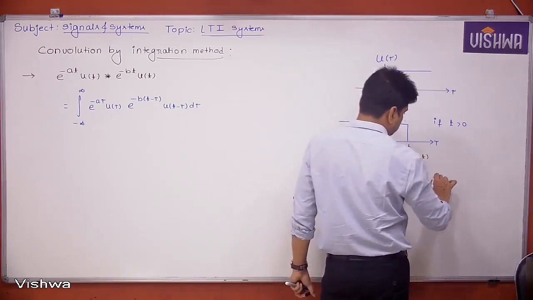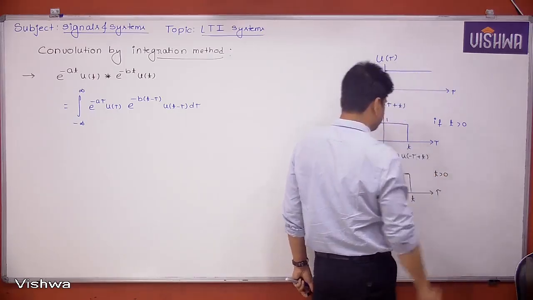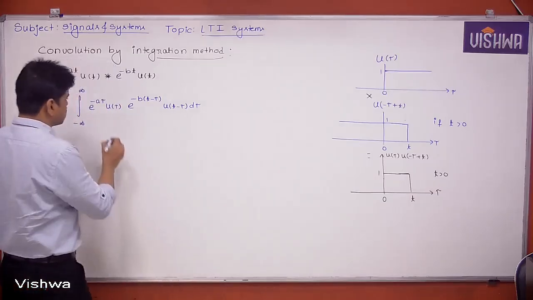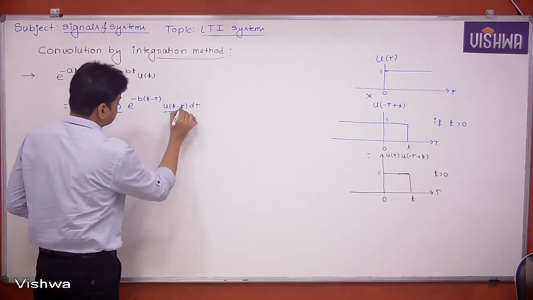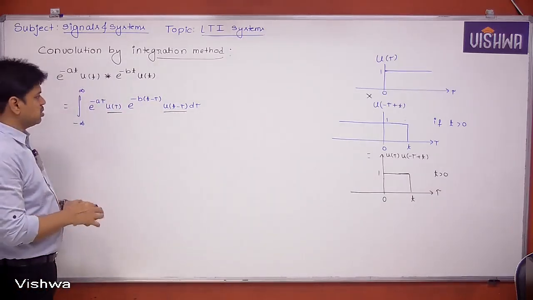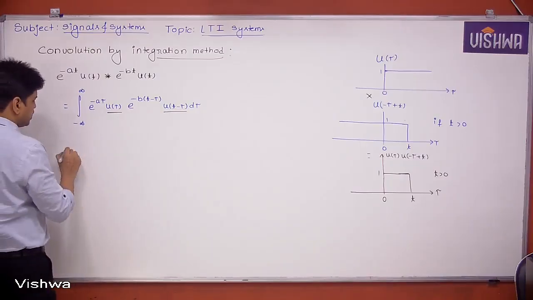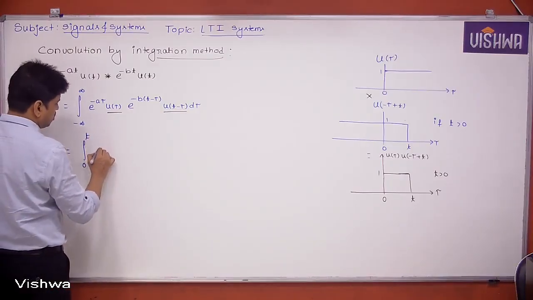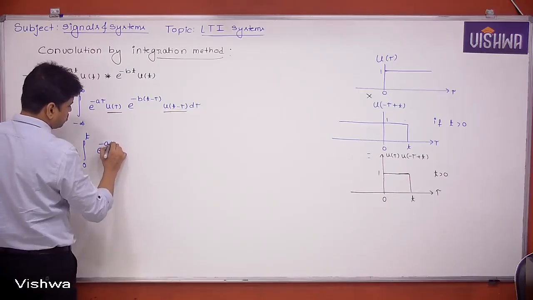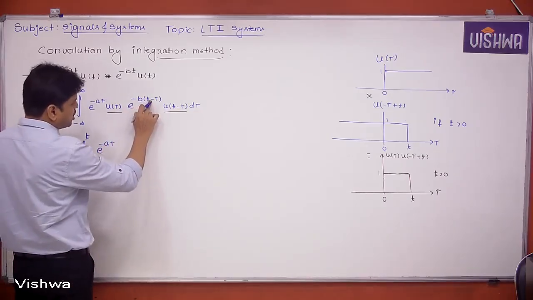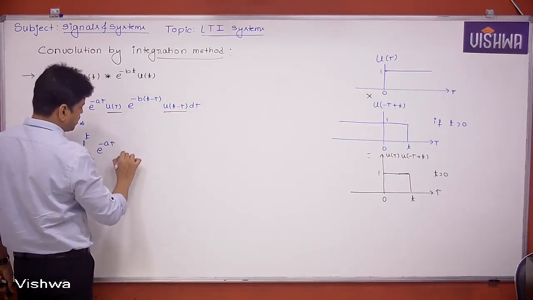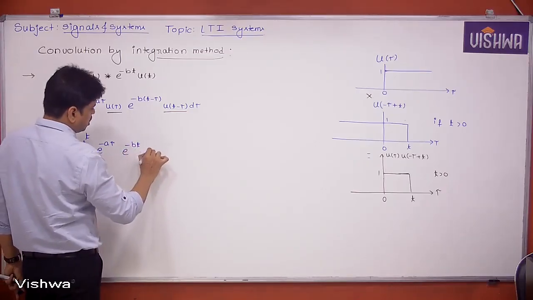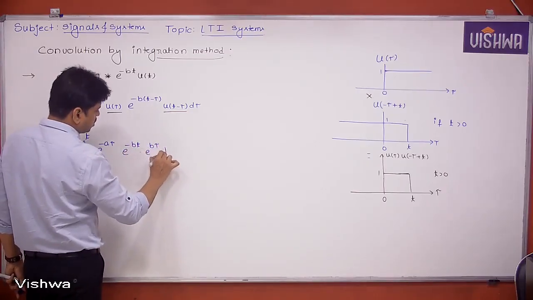So that is also when t greater than 0. That is when t greater than 0. So I can remove these two terms, u of tau and u of t minus tau. Then I have to change the integration limits from 0 to t, e power minus a tau. This e power minus b(t minus tau) can be represented like this, e power minus bt into e power b tau d tau.